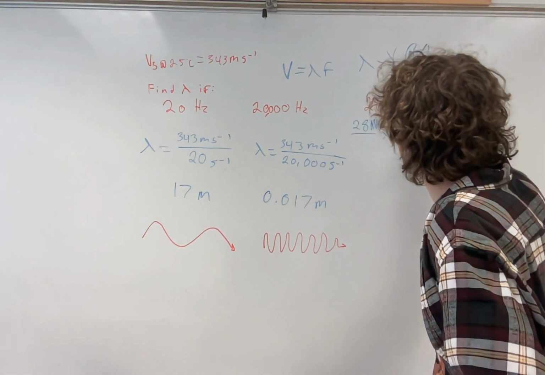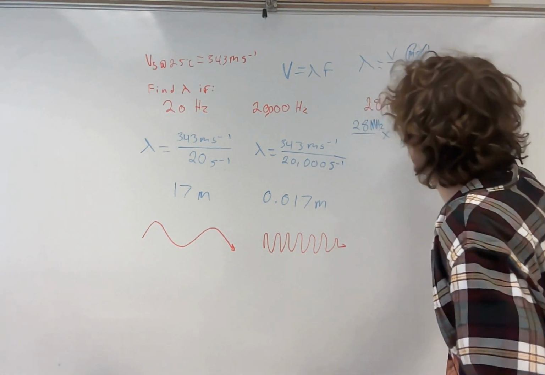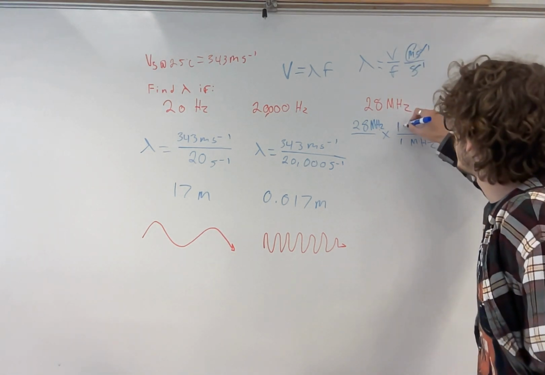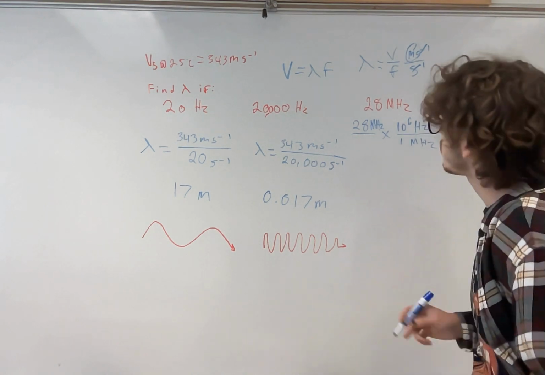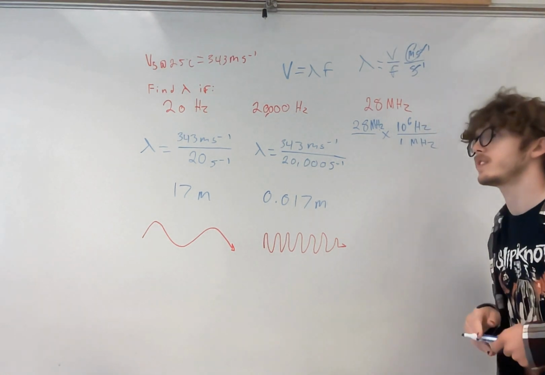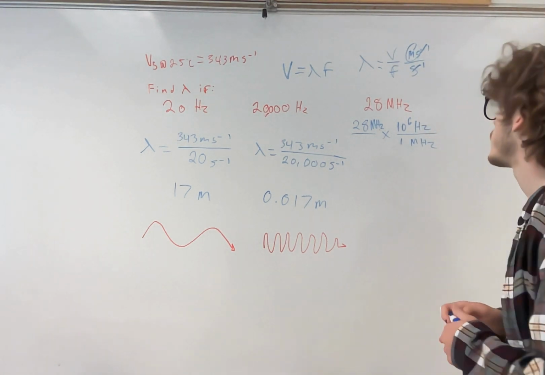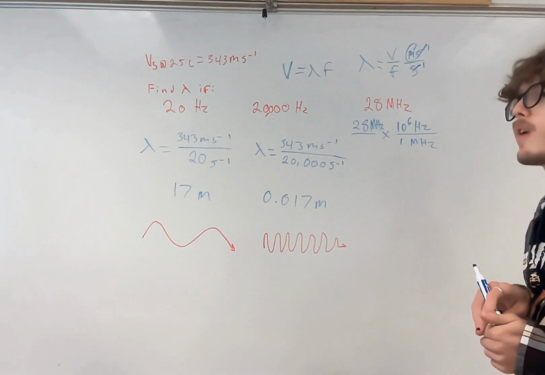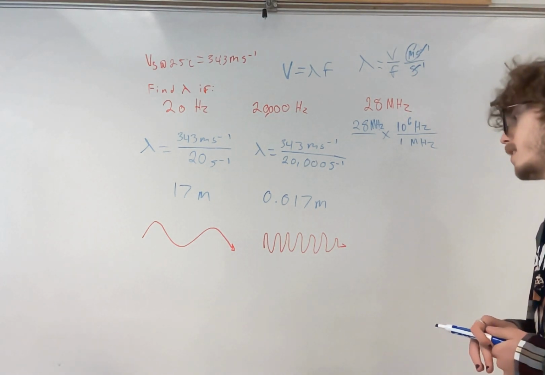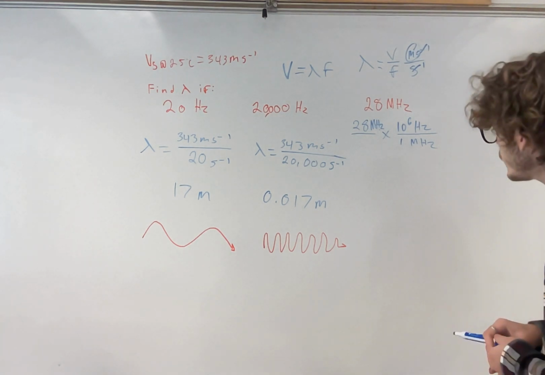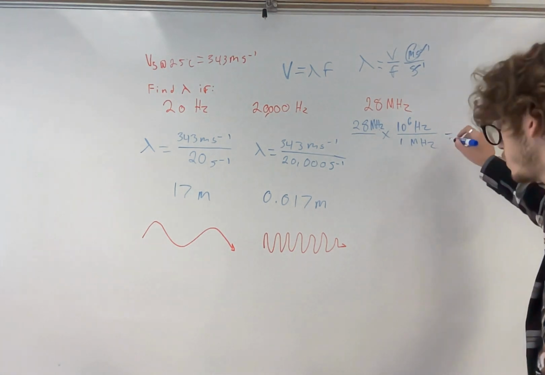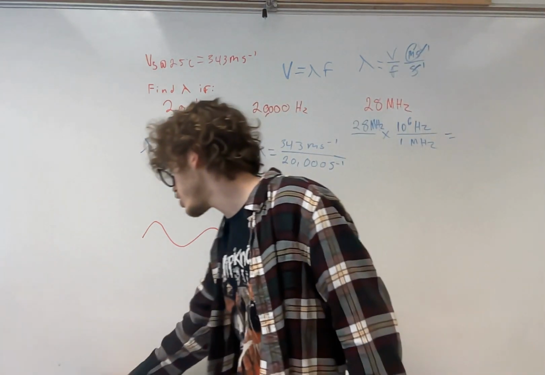For every 1 megahertz, we have 10 to the 6 hertz, right? Because mega is a prefix for 1 million of something. If I have a megagram, I have 1,000,000 grams of that thing. So we're just converting it over to hertz, and that just requires multiplication.